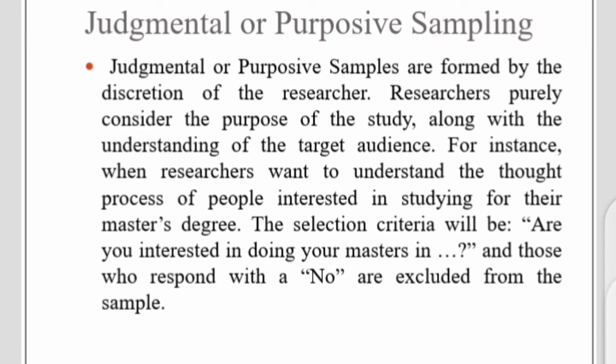For instance, when researchers want to understand the thought process of people interested in studying for their master's degree, the selection criteria will be: are you interested in doing your master's? And those who respond with no are excluded from the sample.